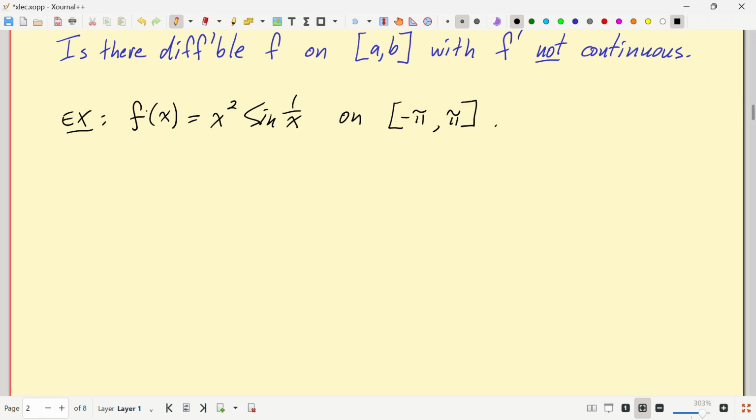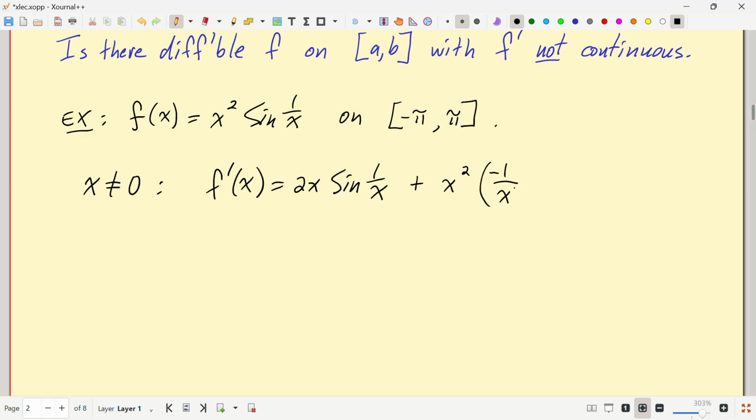Okay, when x is unequal to 0, f prime of x, you just do the product rule. That would be 2x sine 1 over x. That's continuous at 0. But the other term would be x squared times the derivative of sine of 1 over x: the derivative of 1 over x is minus 1 over x squared, and the derivative of sine is cosine.